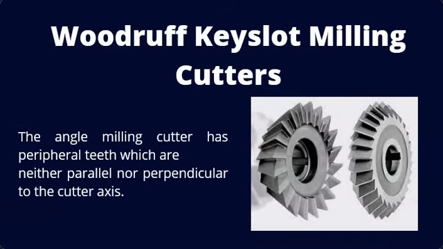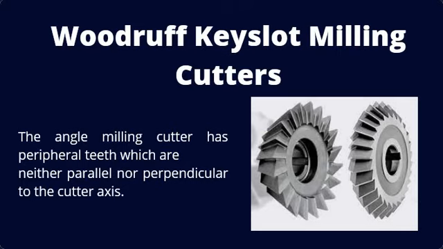Next is the Woodruff keyslot milling cutter. The angle milling cutter has peripheral teeth which are neither parallel nor perpendicular to the cutter axis. Common operations performed with angle cutters are cutting V notches and serrations.